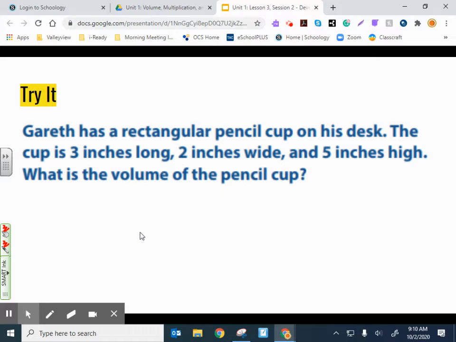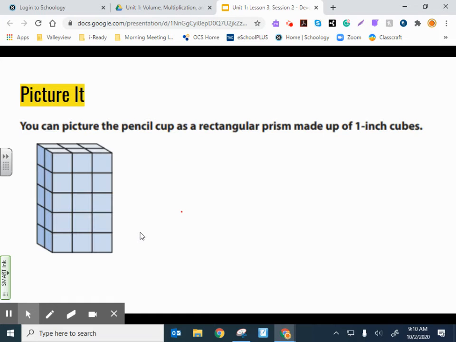So, at this point, you kind of think of which way you want to find the volume of it, and there's other options of doing that, but the next page here, if you turn to page 38, that'll give you one of the options here. So one of them is to picture that pencil cup like it's this rectangular prism with all these different unit cubes stacked up here.